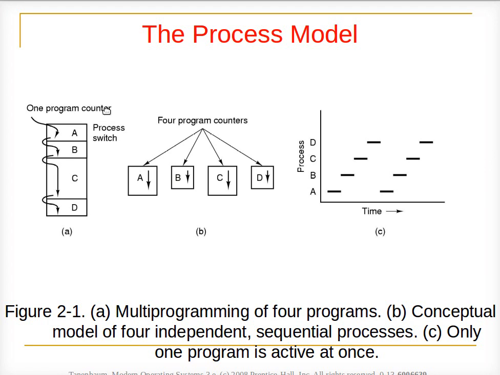The program counter is a hardware buffer, so it's actually implemented in hardware. So many processors, if they have multiple cores, most likely also have multiple program counters. So we can actually have multiple processes occupying multiple processors, and each processor would have a buffer called a program counter that is specific to an individual process.